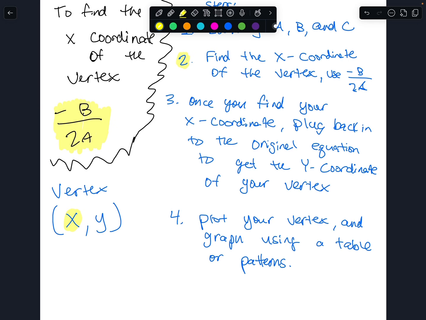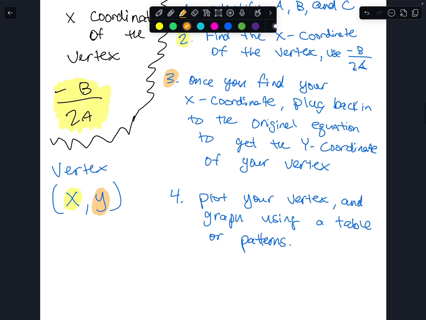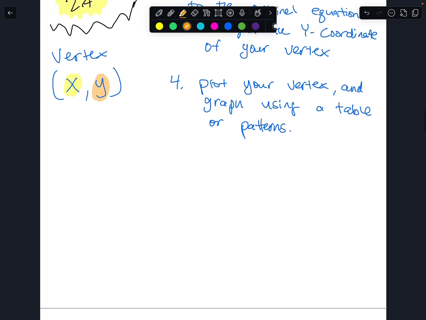Once you plug it back in and complete step 3, that'll give you the y. Okay? All right. And then we're going to talk a little bit more about the vertex in a second. But let's go ahead and do the vertex now.